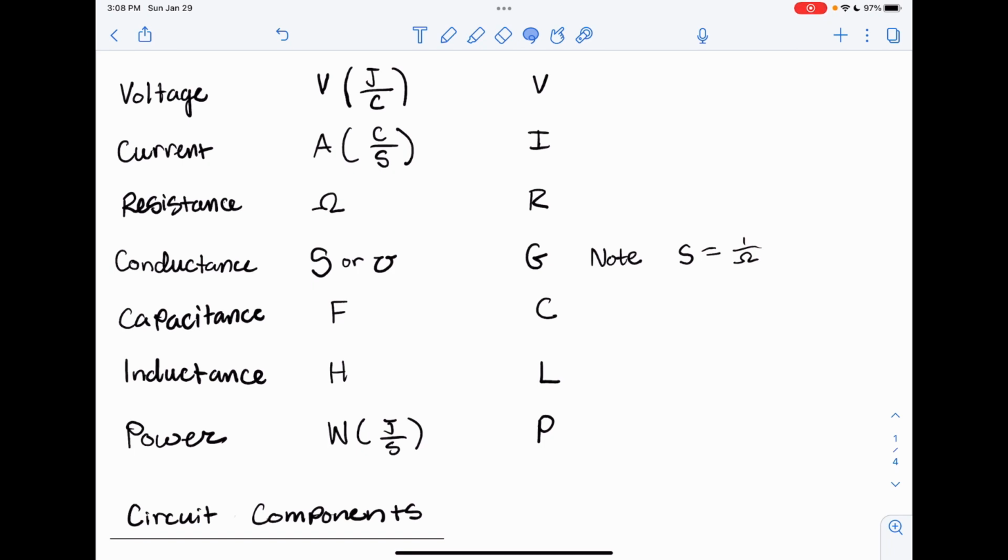Now, voltage, speaking of the devil, is a commonly used term in our lecture series here, and voltage is represented by a capital V in our circuits, and the unit for voltage is volts, which is also represented by a capital V. Now, volts is a unit of energy per charge. Energy is expressed in joules, which is where that capital J comes from right next to it. So joules per coulomb is where we get the volt from.